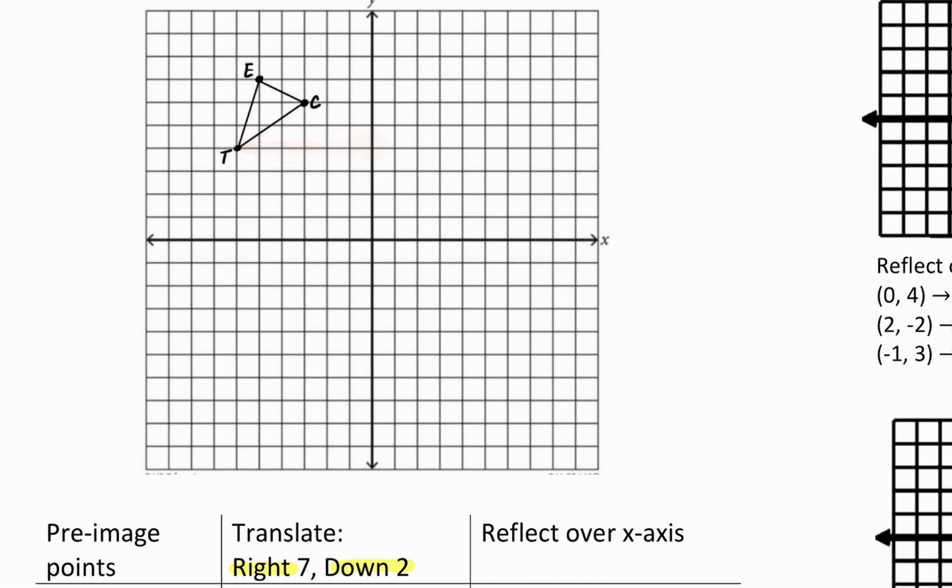So this is T prime. E prime would be right here. C prime would be right here. So we have our triangle that is in between.